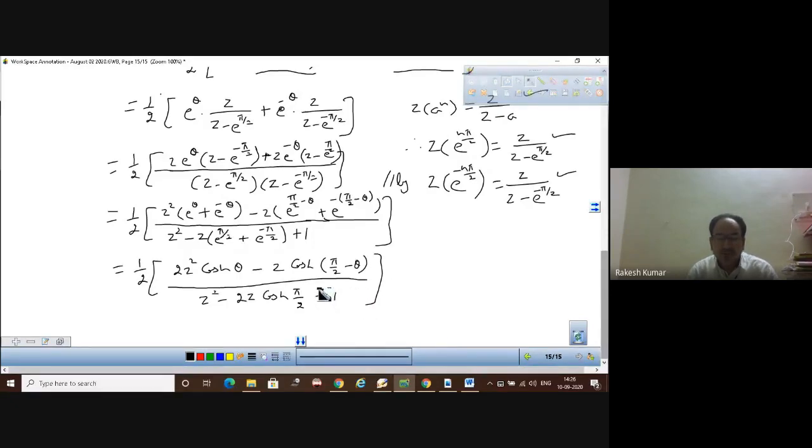No, this is the formula. Here there should be 2 again, because we are using the formula; that will be 2 times cos hyperbolic of that.